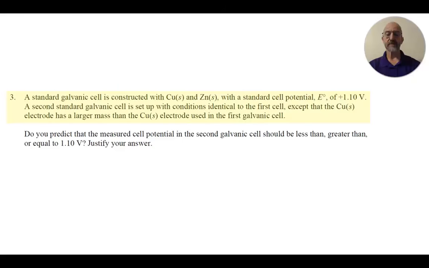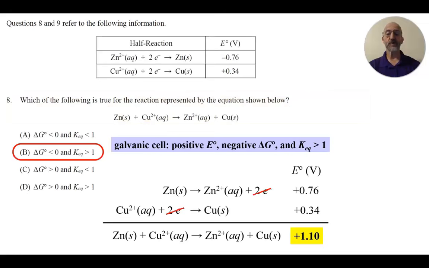electrode. Now, if you watched my previous episode of AP Chemistry Review and Practice, then you may remember seeing a copper-zinc standard galvanic cell. So on this next slide, I'll just show you, this was question 8 from episode 30 of AP Chemistry Review and Practice. And so the equation for this zinc-copper galvanic cell is listed in the center portion of this slide.